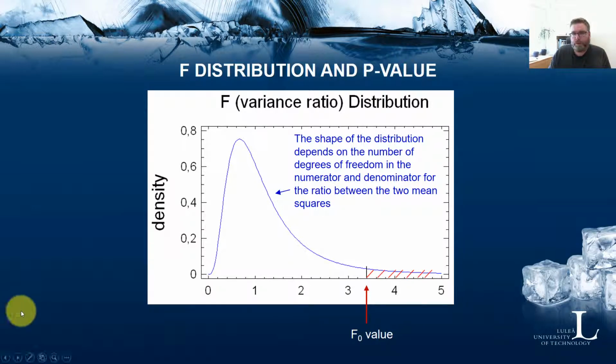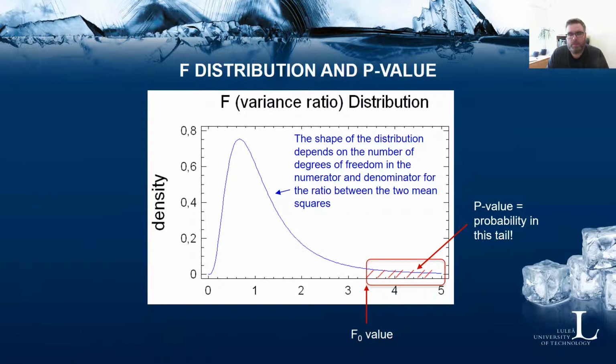And when you have the F0 value like this, you have the probability that's left in the right tail. If you sum that, that's the p-value, or the probability that you will get an F0 value larger than this specific F0 value that you recorded. That's the p-value.